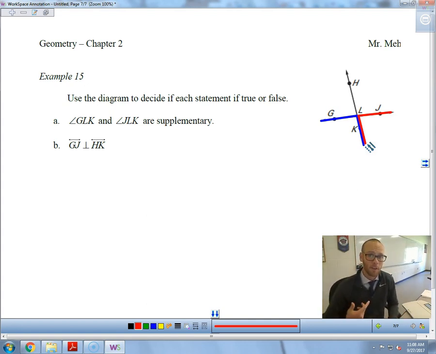You're not going to see a very good definition, though, are you? The definition of supplementary angles, we probably should have said, is: two angles are supplementary if and only if the sum of their measures is 180 degrees. So take a look at it. Is the sum of these two angle measures 180 degrees? Yeah, they are. We know that because they're a linear pair. We see that line being formed here. This is true.